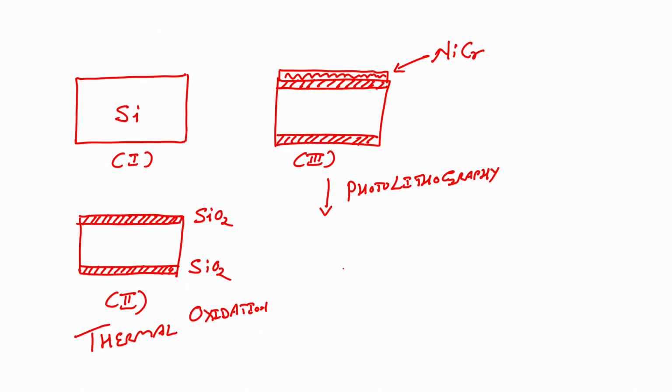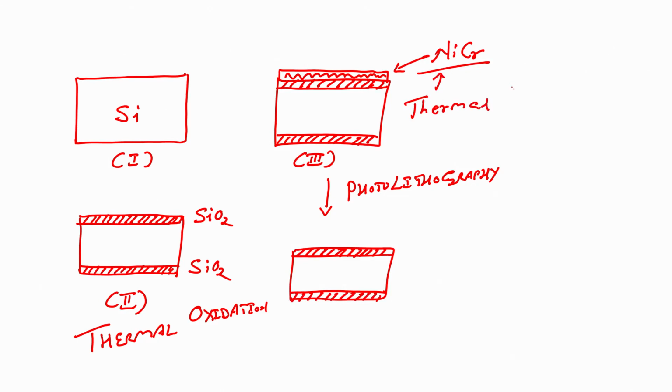The first step is I take a substrate which already has a metal. How do we deposit nichrome? We deposit this nichrome using thermal evaporation or sputtering. All right. So, we have this metal.